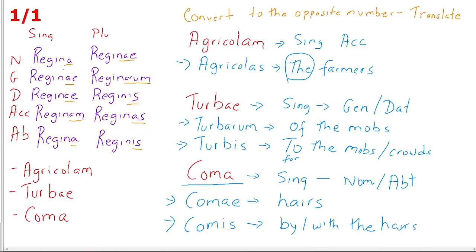Now generally in English we don't say hairs, okay, we just say hair, but for the sake of understanding at this level we will use hairs, just to distinguish between the singular and the plural.